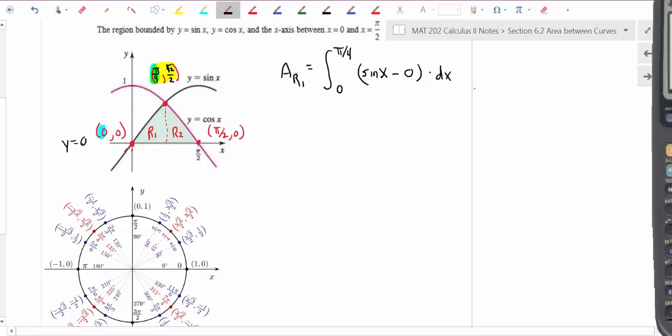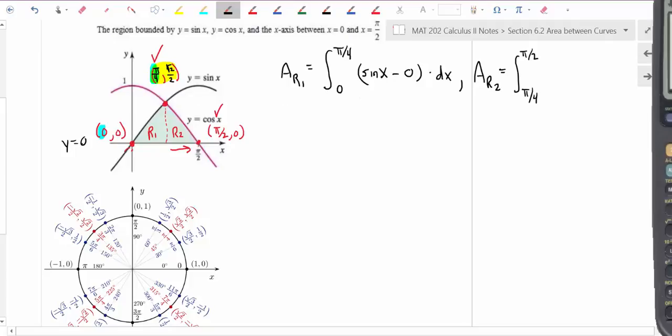Then for the area of region 2, we're going to integrate from pi over 4 to pi over 2. Again, we're starting here and integrating from there to there. So we're going to set up an integral this time that goes from pi over 4 to pi over 2.